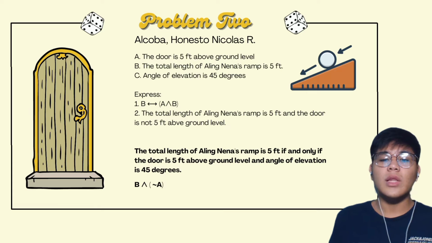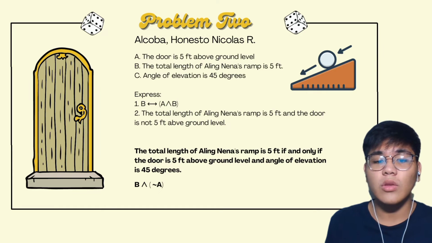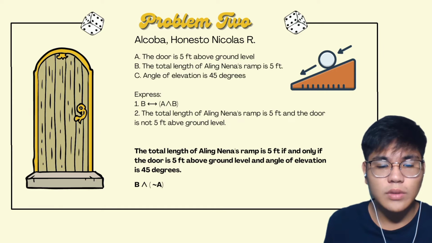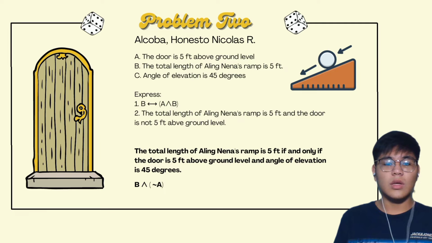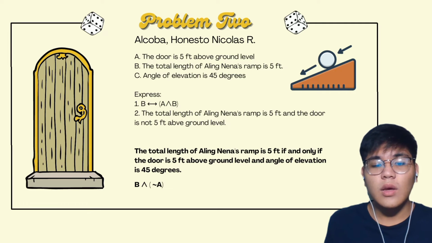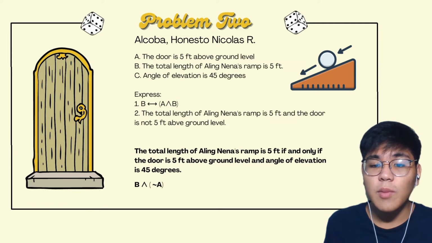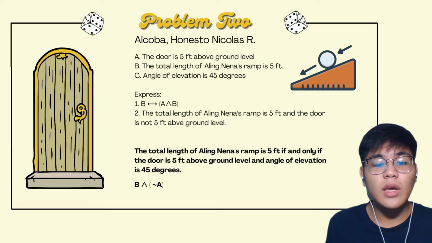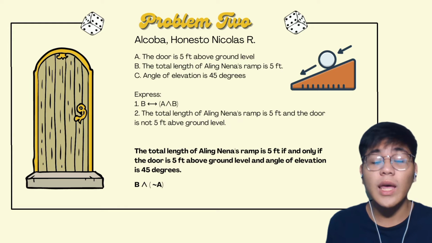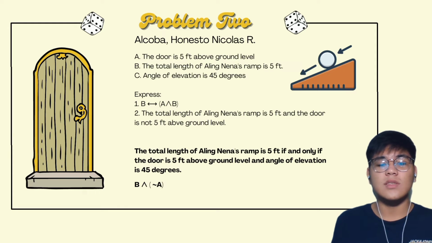Second, the total length of Aling Nana's ramp is 5 feet and the door is not 5 feet above ground level. So, for the first one, we have the total length of Aling Nana's ramp is 5 feet if and only if the door is 5 feet above ground level and angle of elevation is 45 degrees.